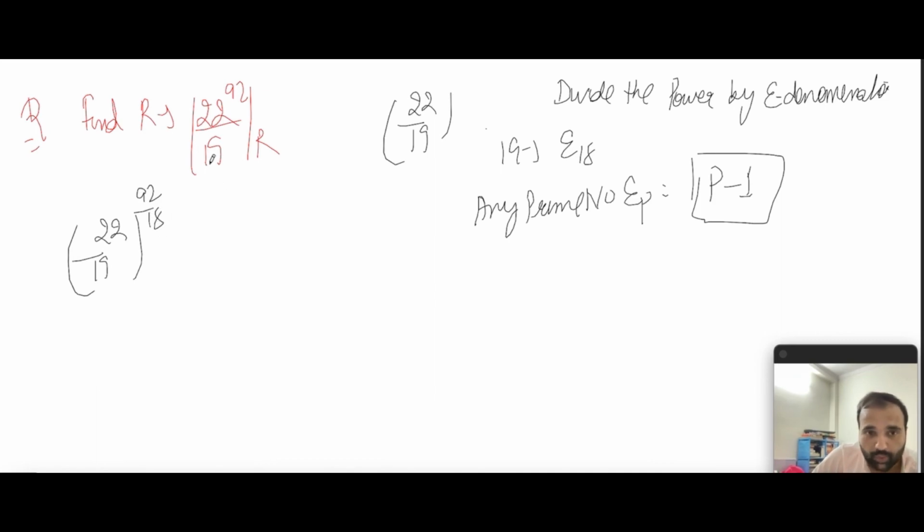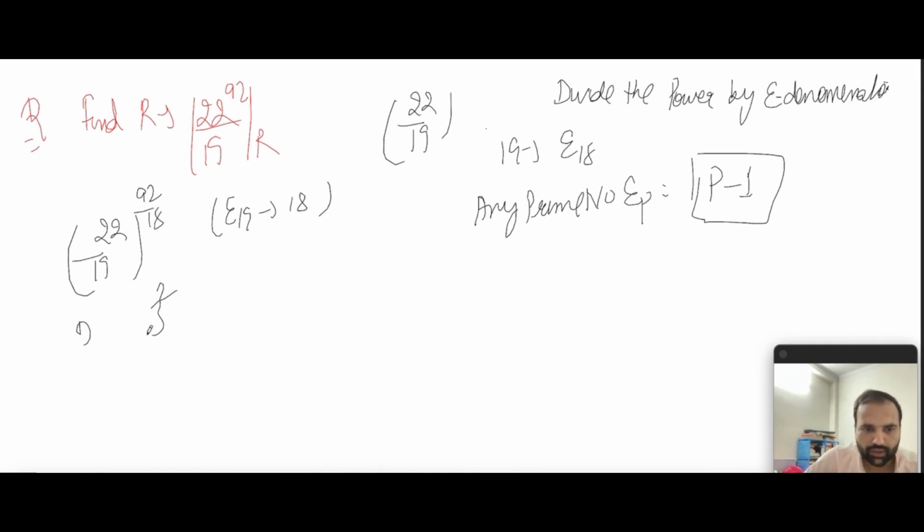Why 18? Because the Euler of 19 is 18. So this is what has been done over here. Now 22 by 19, what would be the remainder? It would be 3. And over here 92 by 18, it would be 2, since 18 into 5 is 90, so we have 2 as the remainder.